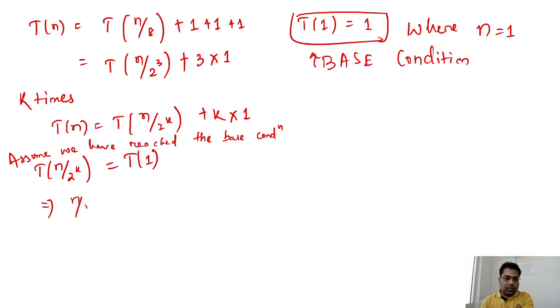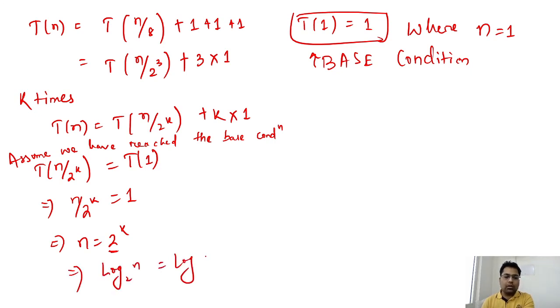So when we equate this equation with the base condition, n equals 2 to the power k. As 2 is there, the one thing that will help you is the log. Take log on both sides: log n equals k log 2 base 2.